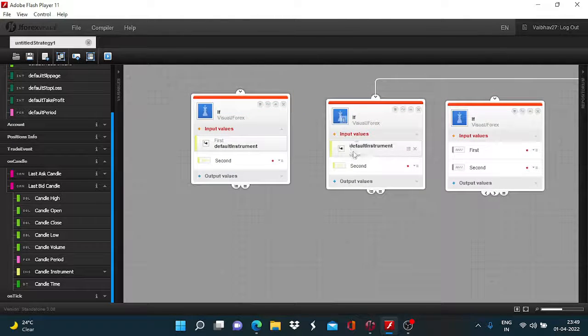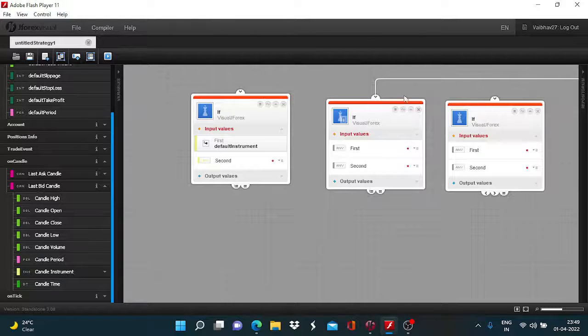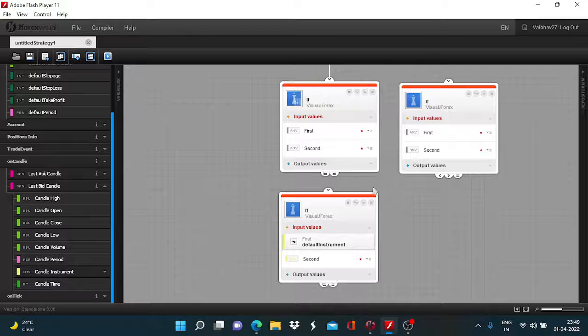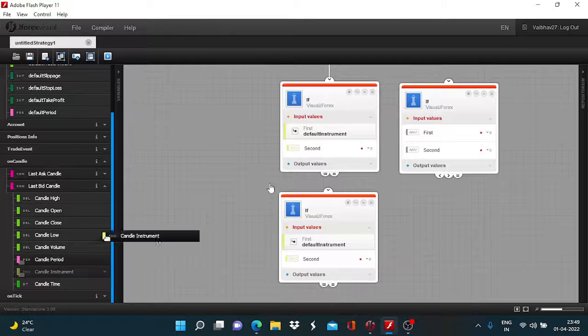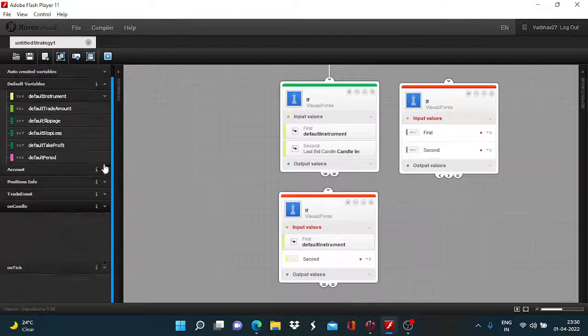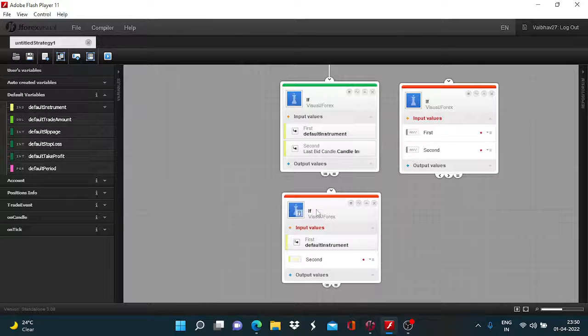In my haste, I kind of forgot to ensure that the type is the same. Okay, so default instrument Euro USD. And then we have to consider candle instrument, not last ask candle. So we have to be precise here, the fact which I overlooked initially. So pardon me on that count.